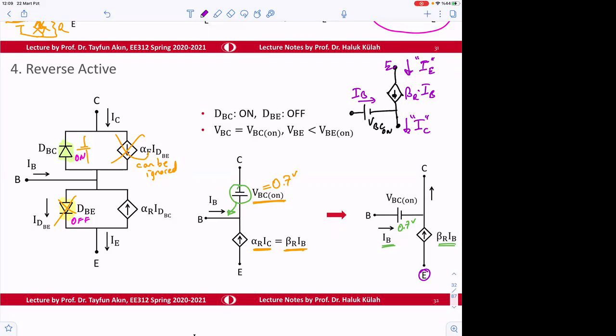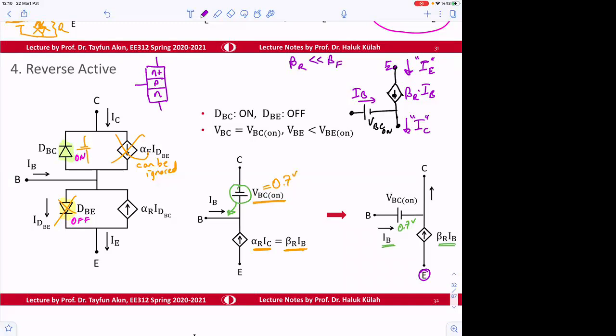So we switched the elements, and right now the device looks similar, but now instead of this being N plus, this is P, and this is N. Therefore, it still looks like a BJT, but with a worse beta. Beta R is much smaller than beta F.